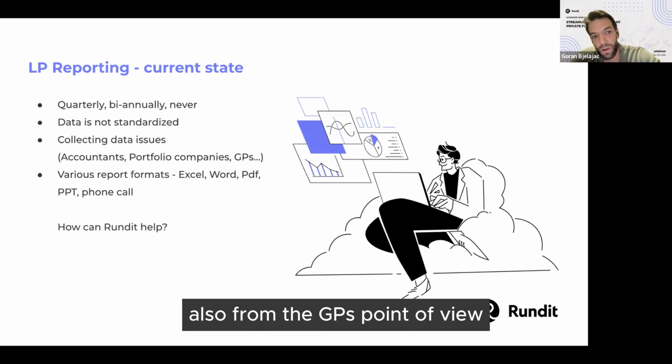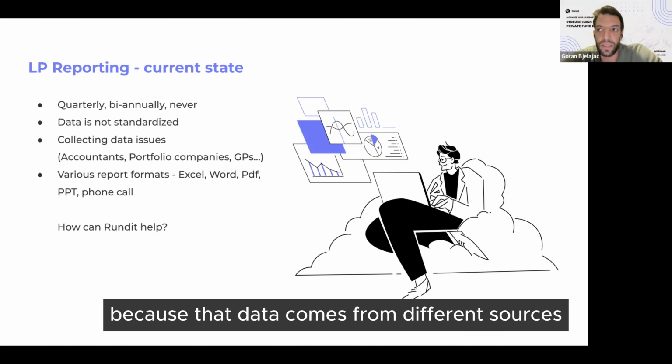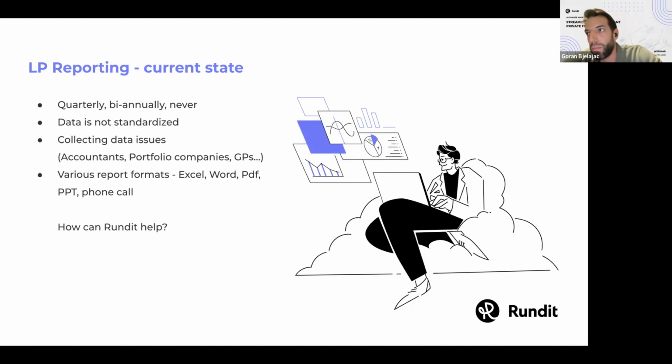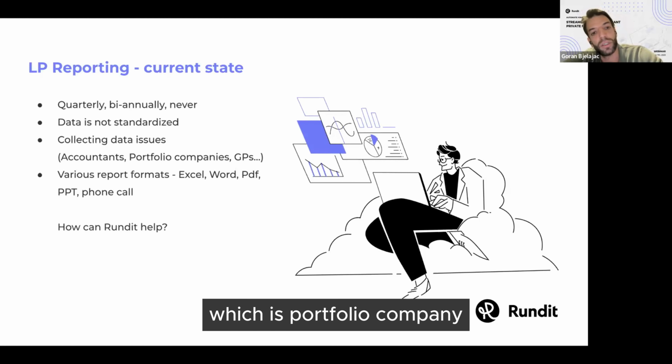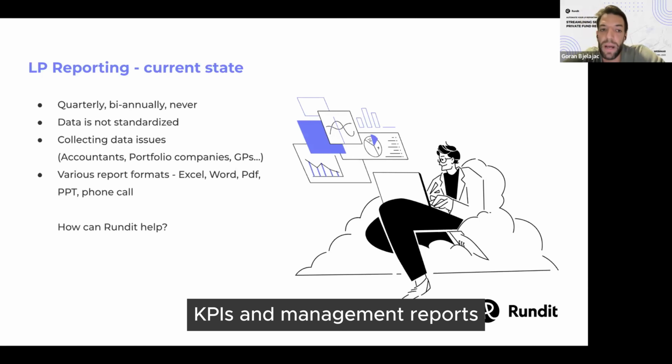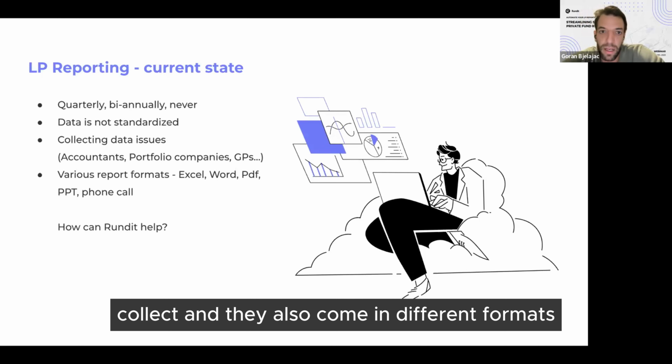From the GP's point of view, collecting data is also a heavy and tiresome task because that data comes from different sources. Part of the reporting would include company-related information, which is portfolio company KPIs and management reports, which is also hard to collect, and they come in different formats.